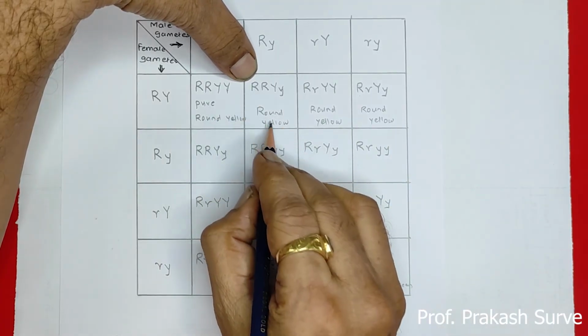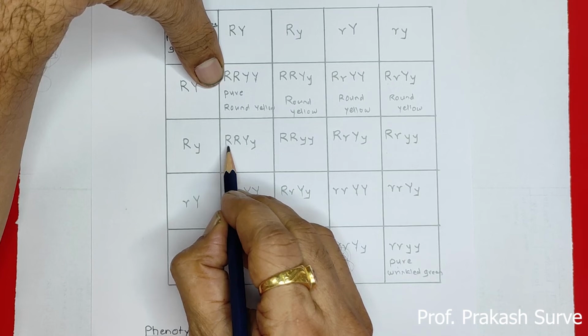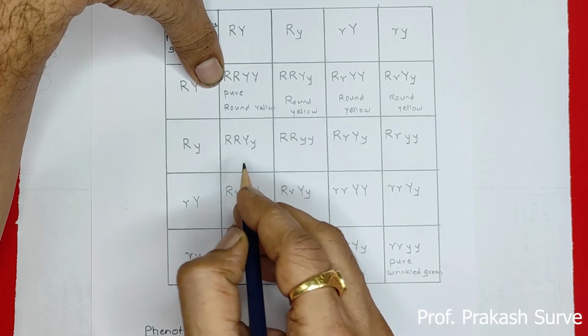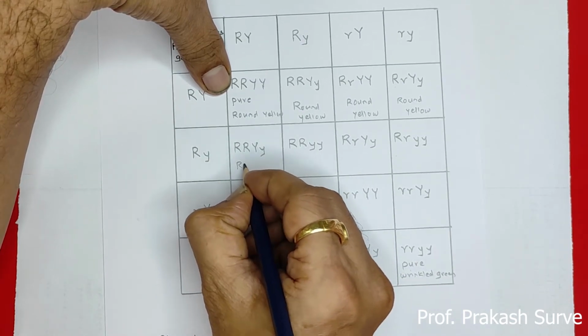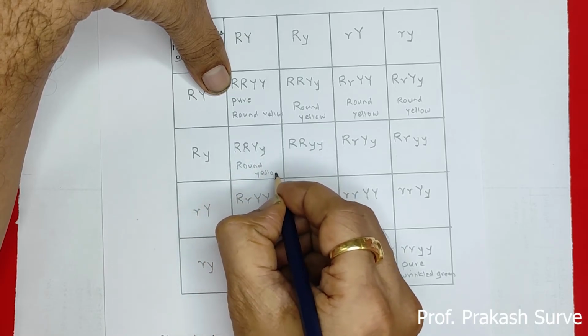If one is capital R, then round, and one letter capital Y, then it is yellow. Here also one capital R is there, other capital Y is there. So again it is round yellow, but it is a hybrid one.